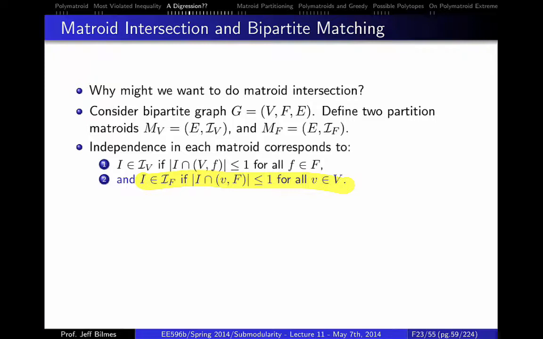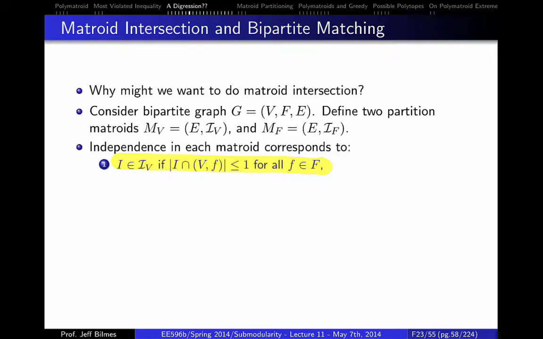So based on the partition, what does it mean to be independent according to the left one? Basically, it's a partition matroid where the score in each block is 1. So basically, it says that in each block of the partition, you're independent if you only have one of those edges. And on the right, it's kind of like saying, remember, matching is such that every node can be incident to only one edge.